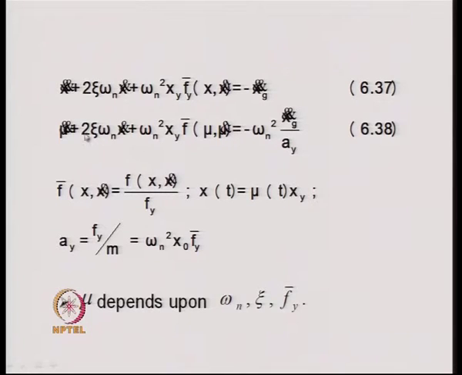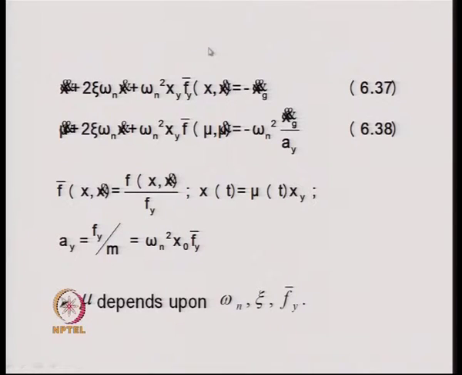Here we have x double dot, x dot, and since it is not a linear system, we have this expression, which means that f bar y of x comma x dot, that is, f bar y is a function of both displacement and velocity, multiplied by omega n square multiplied by xy, where f bar is written as simply f x dot divided by fy.